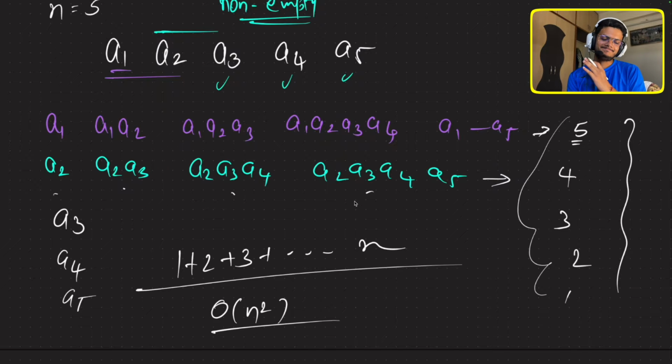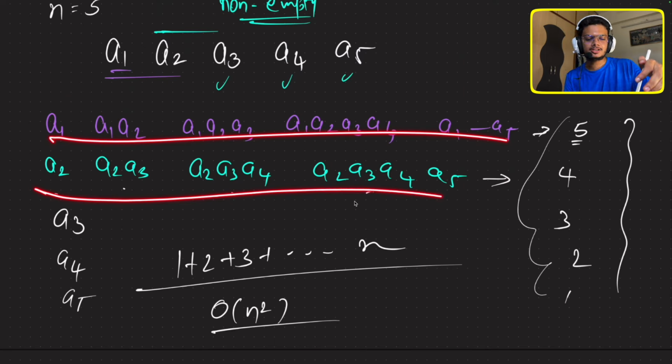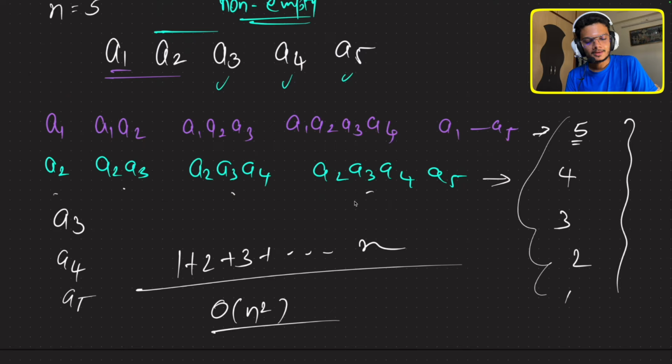So there are n square possible subarrays, and we have already seen how to create these subarrays, right? In a way, I described these subarrays. You can now generate these subarrays as well, right? So you can enumerate all the subarrays in order of n square, or maybe just find the sums in the process of generating subarrays and take the maximum of them.